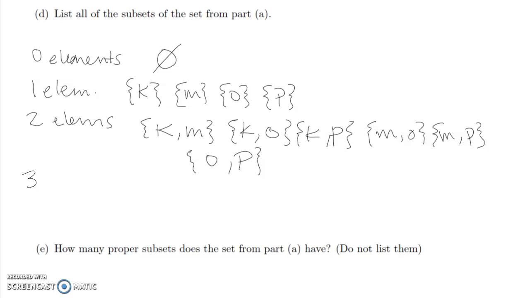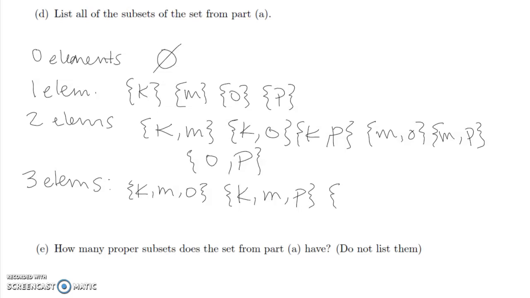Now for 3 elements, we can start to list those. So I've got ketchup, mustard, onions. We could do ketchup, mustard, pickles. This one sometimes gets a little tricky to think about what we're keeping and making sure that we're finding them all.